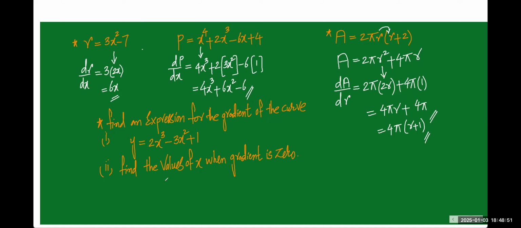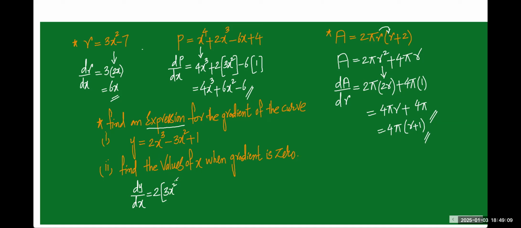The simple way of solving this problem, look at that. I'm getting the expression for the gradient. Let me find dy by dx, which is called gradient. It is equal to 2, a constant, times the derivative of x cube, which is 3x square.